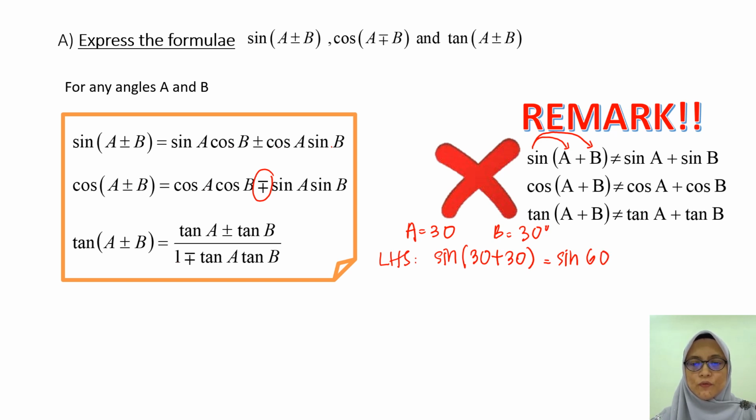Okay, so from the previous lecture, 60 is a special angle. So this one is 30, this one is 1, this one is 2, this one is root 3. Okay, so sin 60 is opposite over hypotenuse. So root 3 over 2.